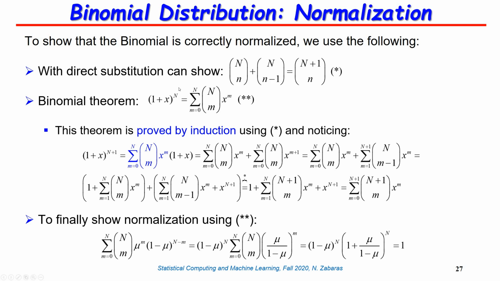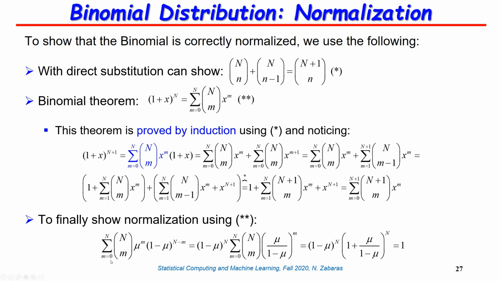And then you have to use what's called the binomial theorem, which is (1 + x) to the power n equals the summation of n over m times x to the power m, okay? If you use this plus the binomial theorem and some rewriting of the normalization condition, you immediately can see that you get a value of 1, okay?